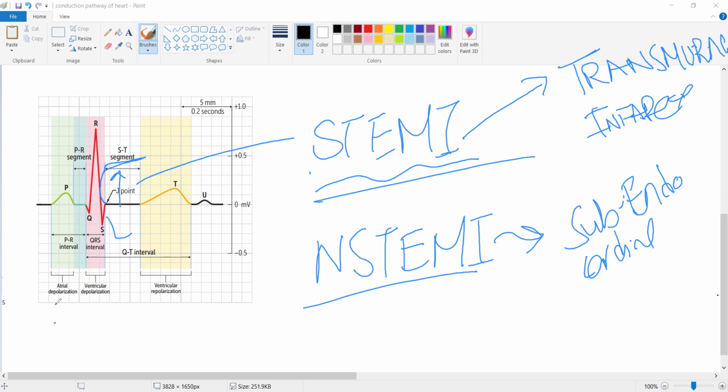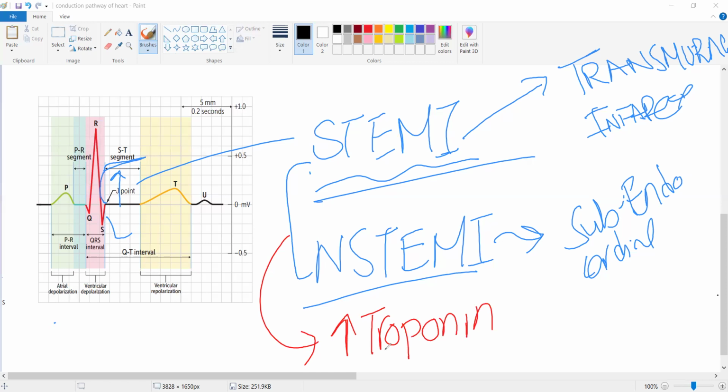This is some high yield stuff. Increased troponin means damage of which structure of the cell? Plasma membrane.